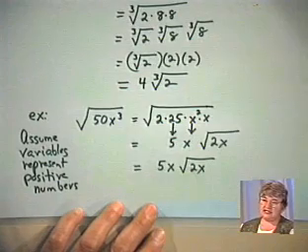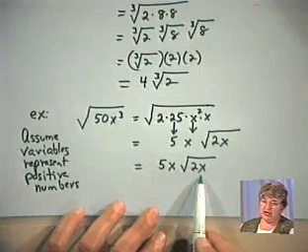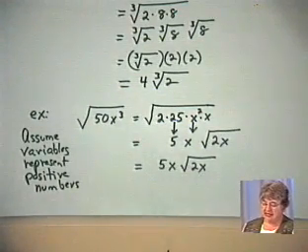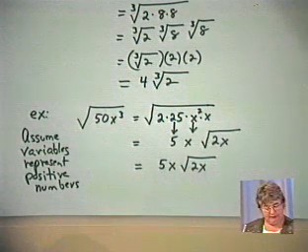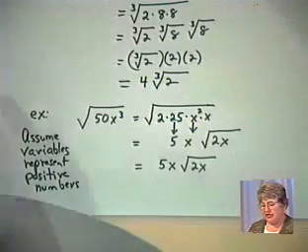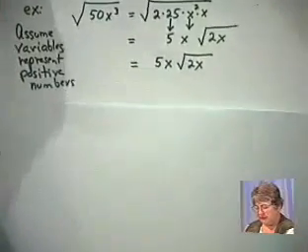Again, is there anything else that you can take out? And since we don't know what x stands for, we can't take anything else out. We've taken as much as we possibly can outside the radical. That's the first rule that you should try to remember in simplifying radicals.